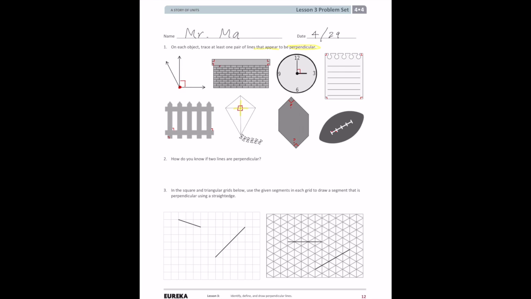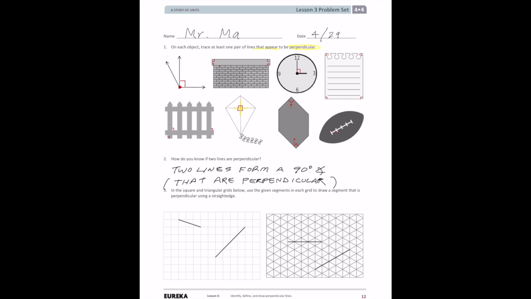Okay, so you can define it simply as two lines form a 90 degree angle, and that are perpendicular. Okay, two lines that form a 90-degree angle are perpendicular.